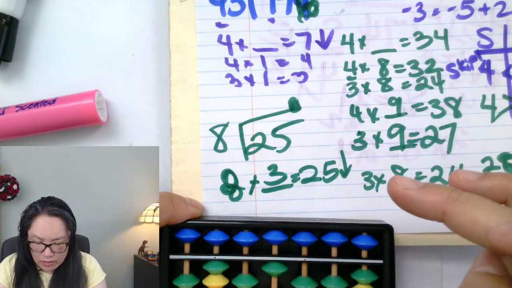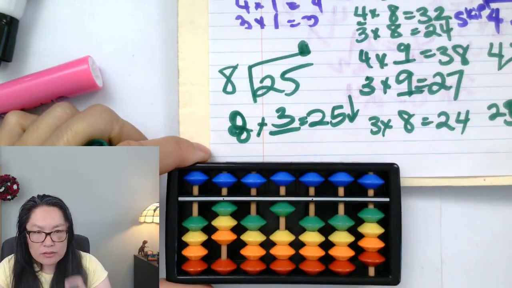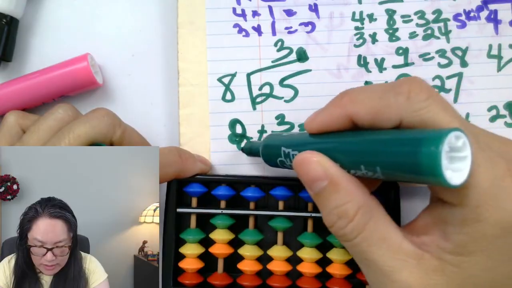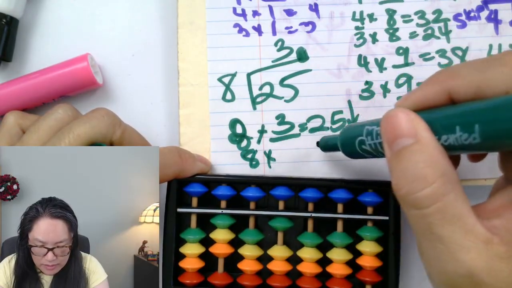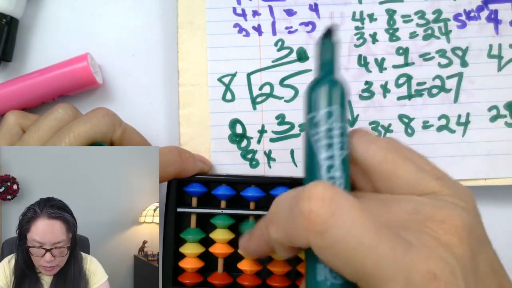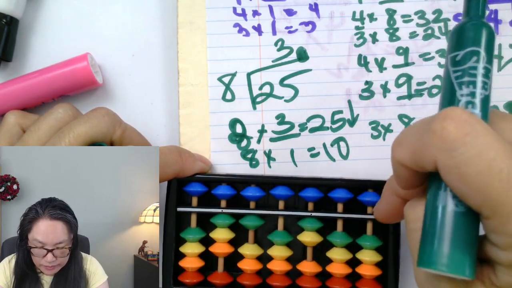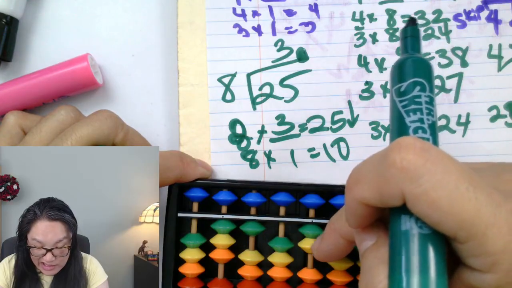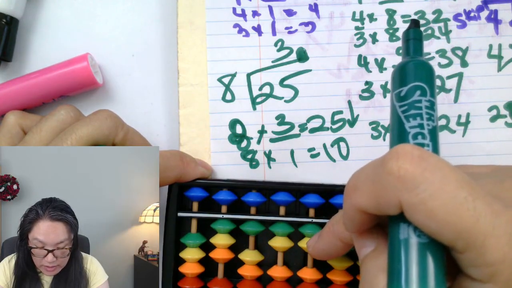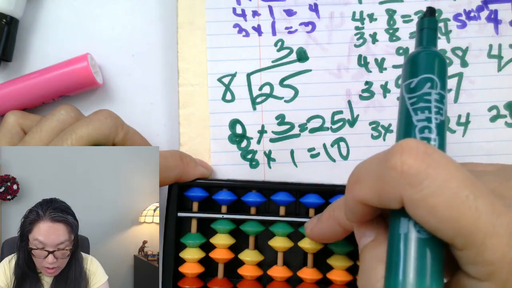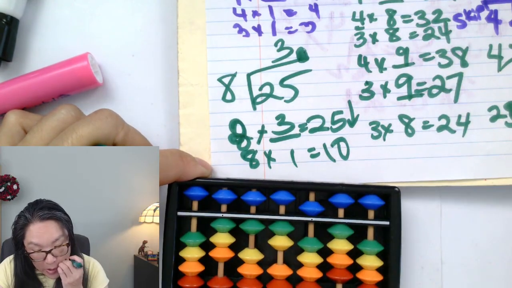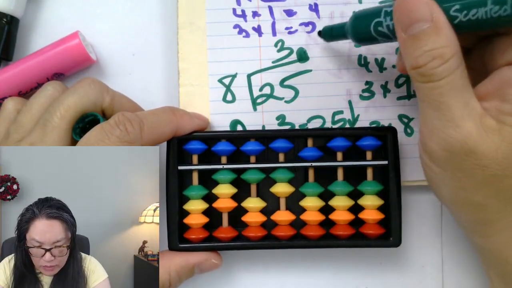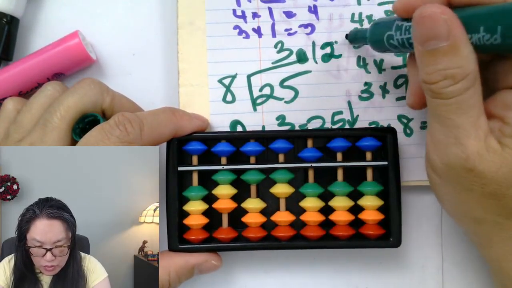Take away 4. 8 times what is equal to 10 or less? 8 times 1. So I put 1 and put 2. 8 times 2, 16. Take away 1, take away 6. 8 times 5. So that's your answer. 3.125.